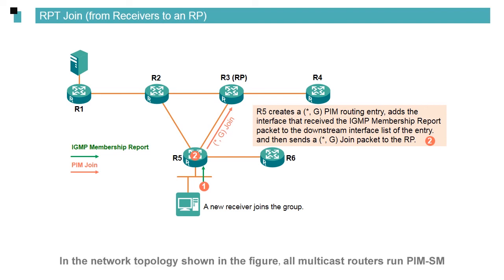In the network topology shown in the figure, all multicast routers run PIM-SM. At the beginning, multicast traffic is not forwarded to any branch of the network. Then, a host on the network segment directly connected to R5 becomes a member of the multicast group 224.1.1.1.